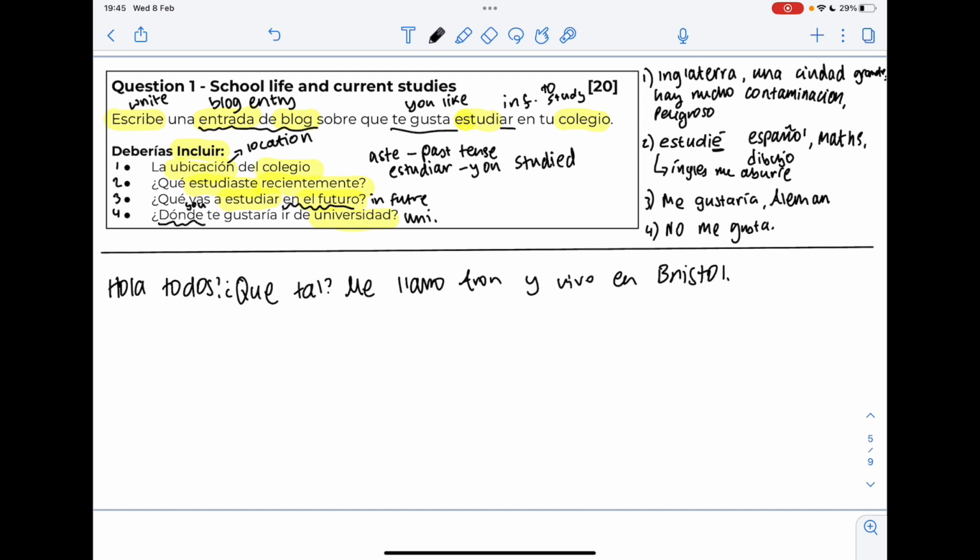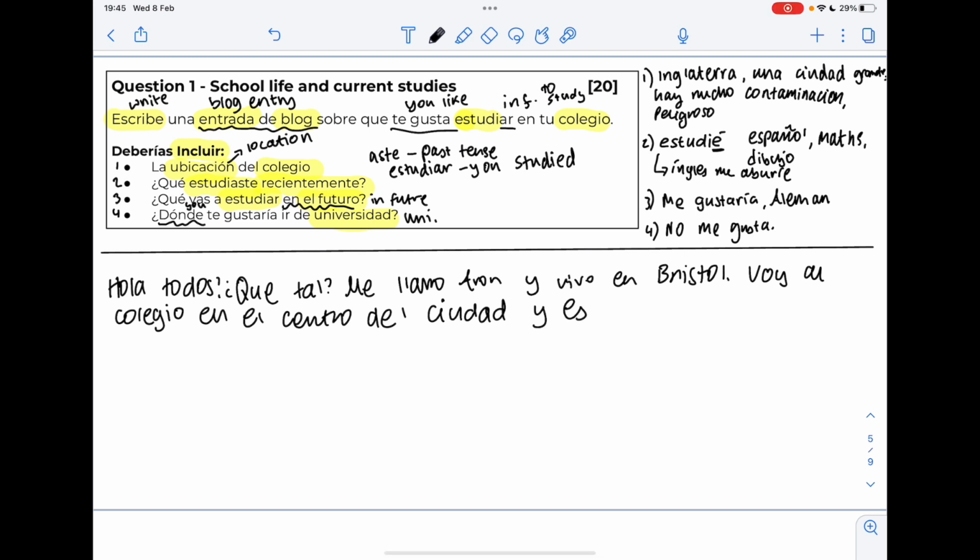Voy al colegio en el centro del ciudad. So I go to school in the center of town, or the center of the city. Y es un barrio, sorry.